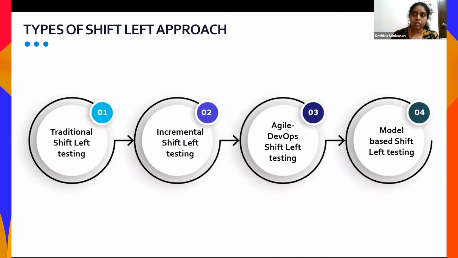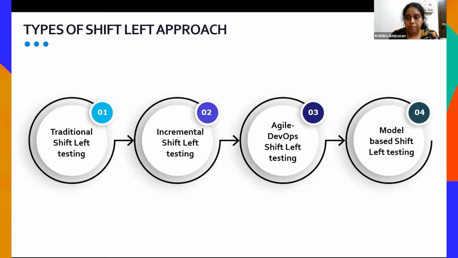So now the testing focuses on the combined modules 1 and 2 and how the integration happens, and issues and resolutions as part of the integration. That's how the testing will incrementally continue until the entire testing of the project is complete. So that's basically incremental shift left testing.